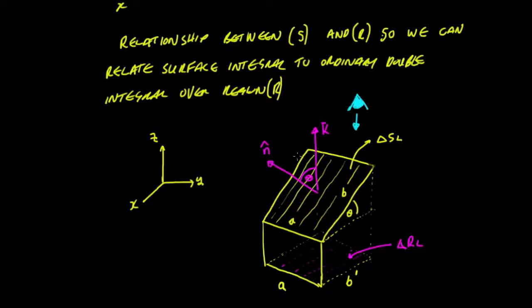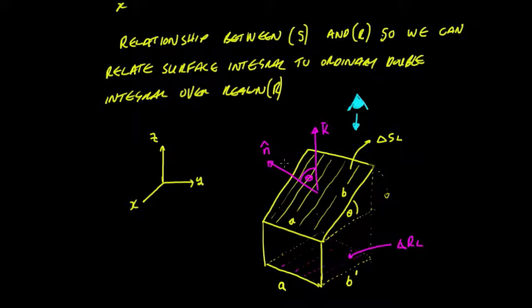Now you can convince yourself of that, because if you were to think this angle here is tending towards 0, so this surface here just tends to get flatter and flatter, then you could see that when it's completely flat, as in it's sitting in the xy plane, that means that this normal component will sit along the same axis as this k component. And then if you were to start moving it up, you'll see that the normal component will start moving along with this angle. So you can see that this angle here will be the same as that angle.